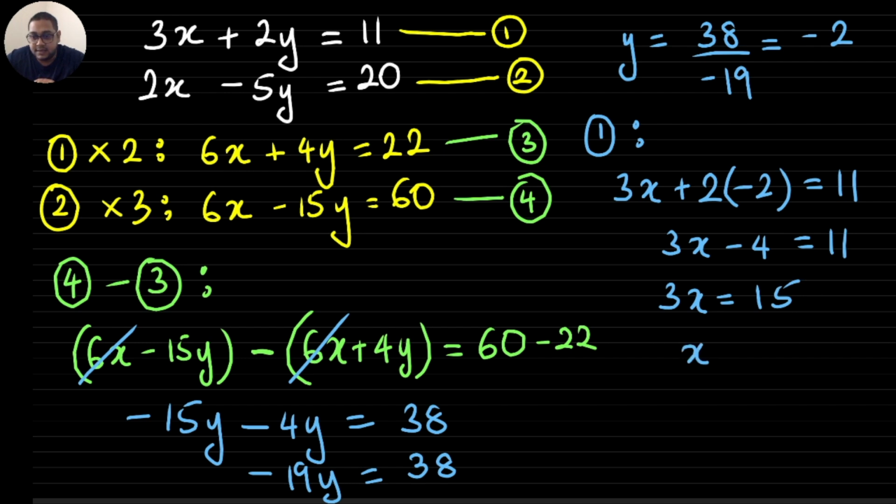If I make x the subject, then we have x equals 5. We have now found the solution for these simultaneous equations. And that will be, you always write the value of x first, (5, negative 2). This is your answer.